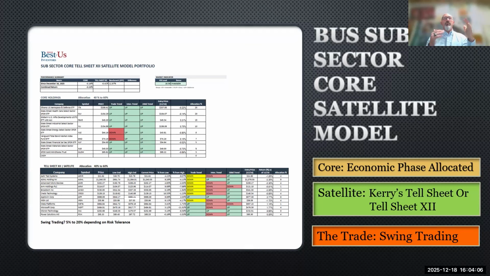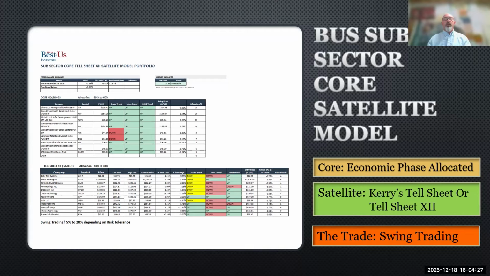So if you're looking for less volatility, maybe the core sector allocation would be best. But if you're looking for more hyper focus on the core side, in particular in those areas within the phase that we're in, the subsector approach would be a way to go.